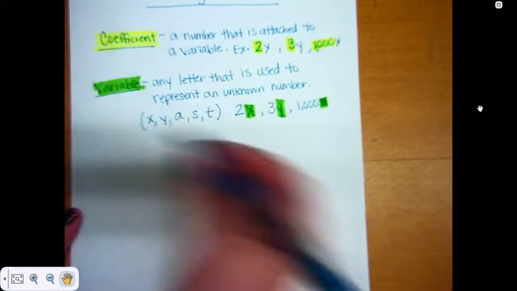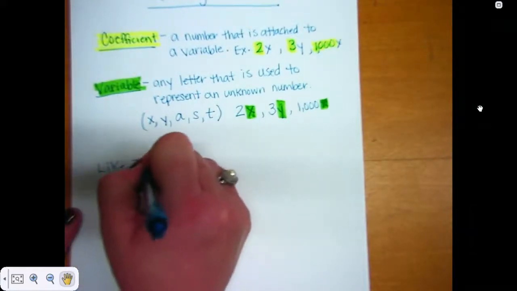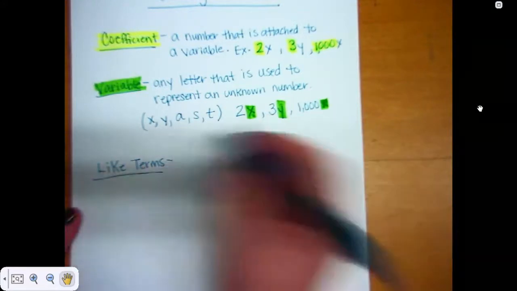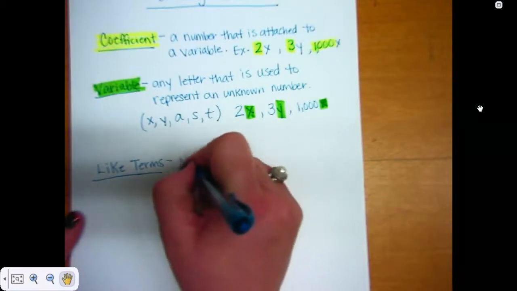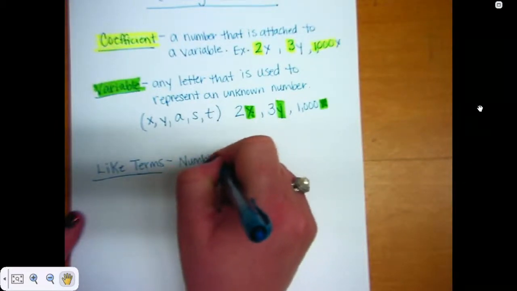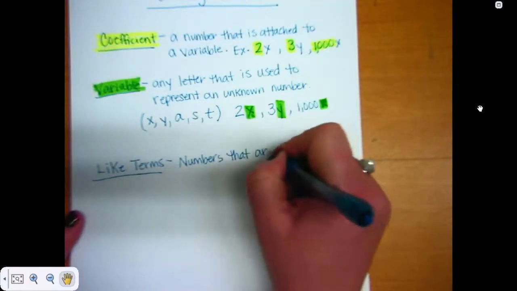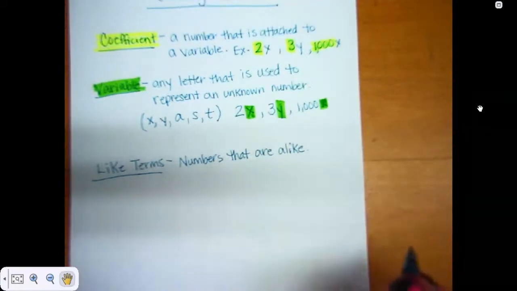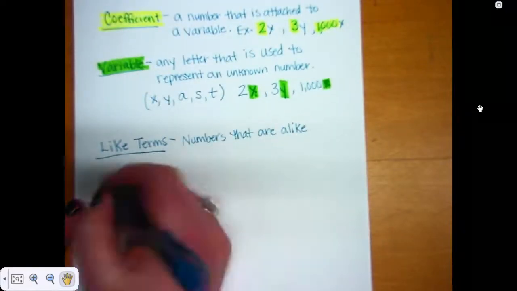Now, what are like terms? Like terms are numbers that are alike. So if we had an expression, let's go down here and write the definition of expression first.